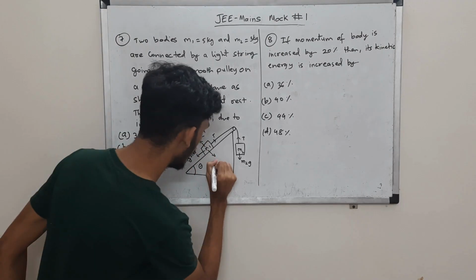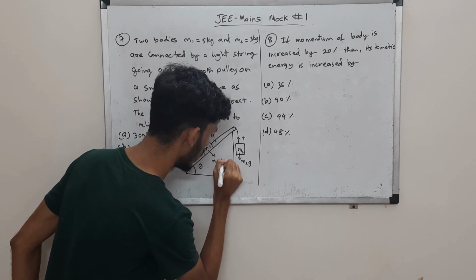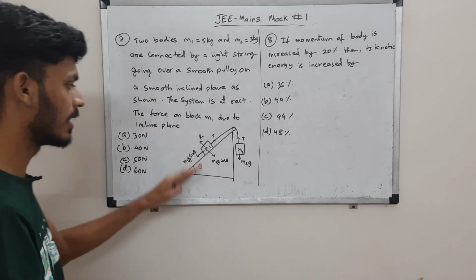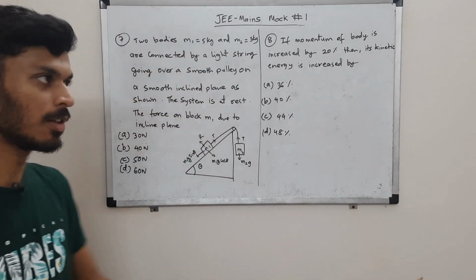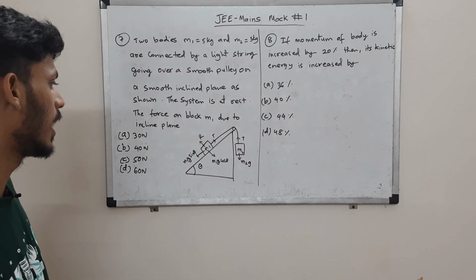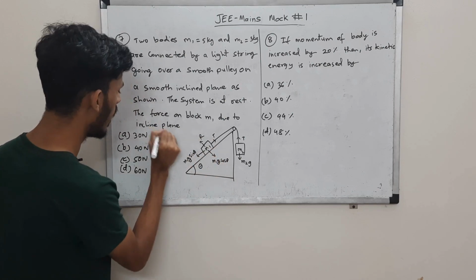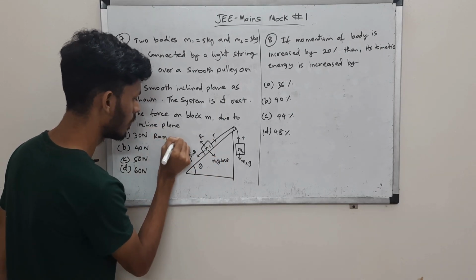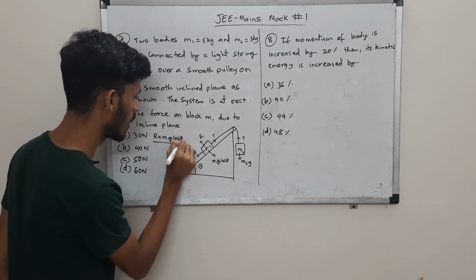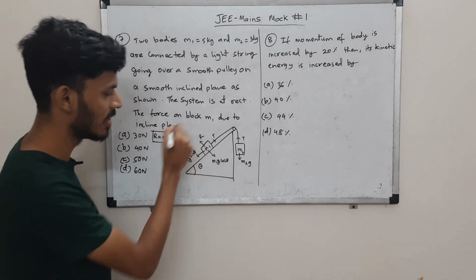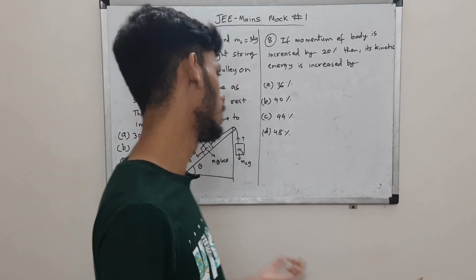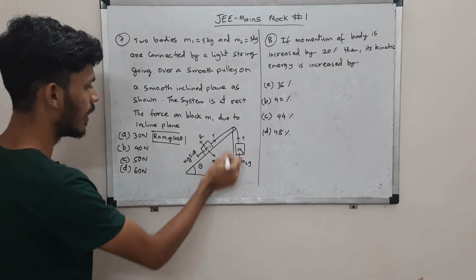Perpendicular to the incline, it will be cos theta, m1g cos theta. So along the incline it is sine theta, perpendicular to the incline cos theta. You can directly remember that. So basically, you are supposed to find R, right? R will be equal to m1g cos theta, because the system is in equilibrium. And of course R is the reaction force from the incline. So both of them will be equal.